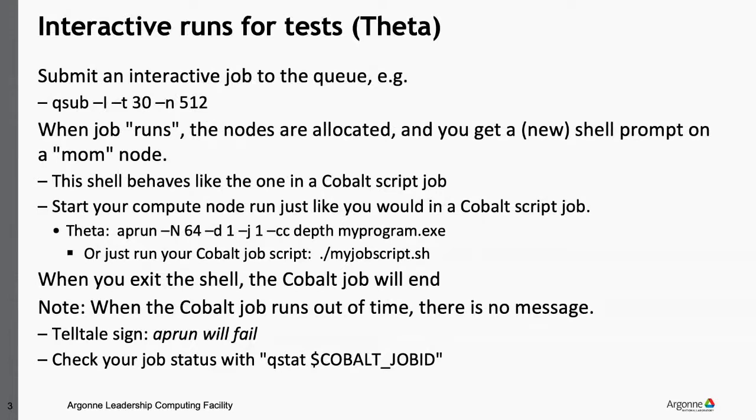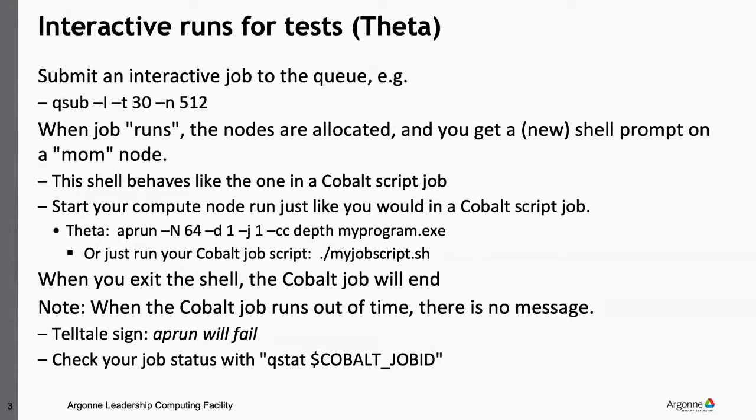And so what would happen if your job went away and you tried to do an app run? You'll get some weird error message saying the app run failed. It may say something like the resource is unavailable. So if you're wondering why all of a sudden the program won't even start, forget about your debugging issue.